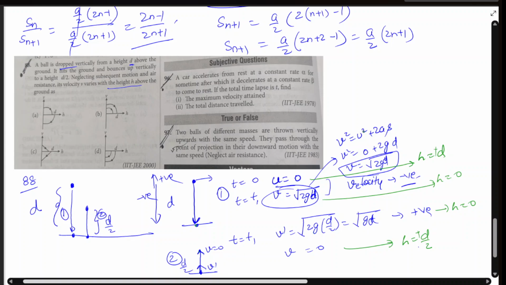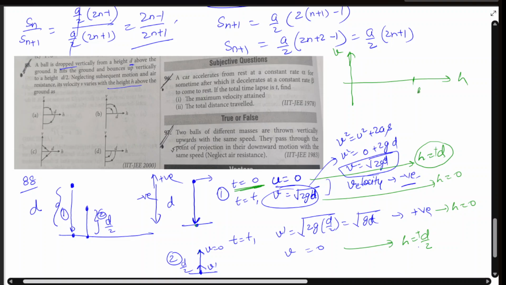So how will its graph look? We have to make the graph of v versus h. At t equals 0, initially the particle is at h equals d.